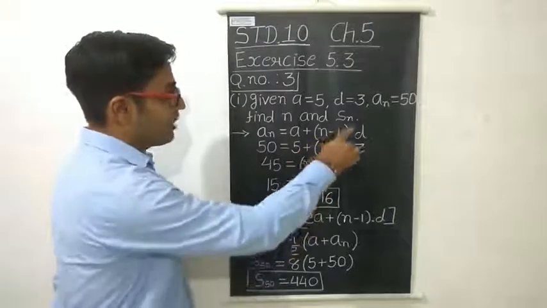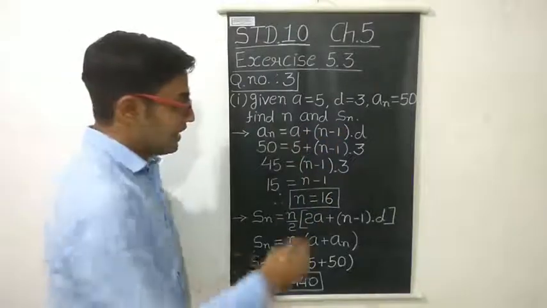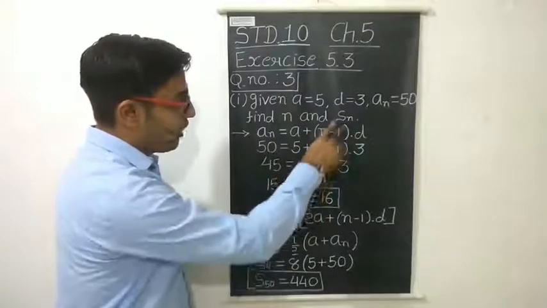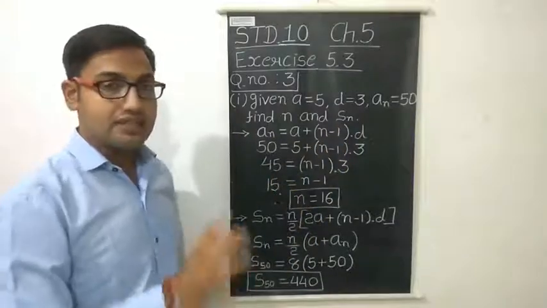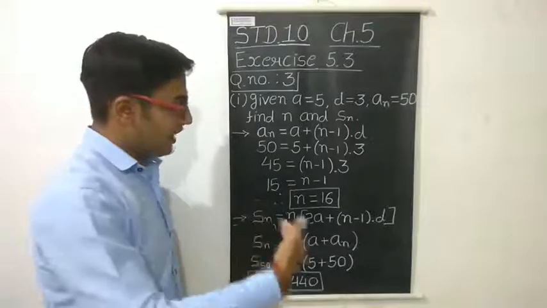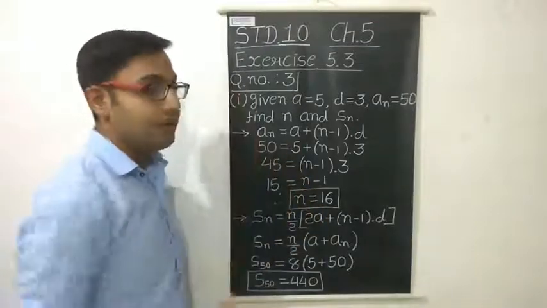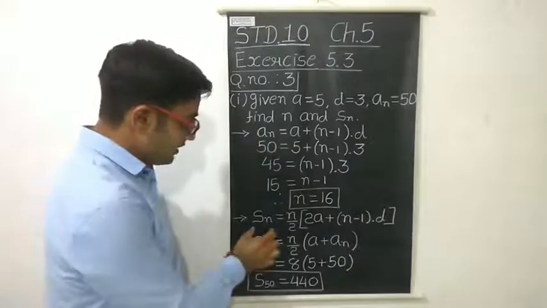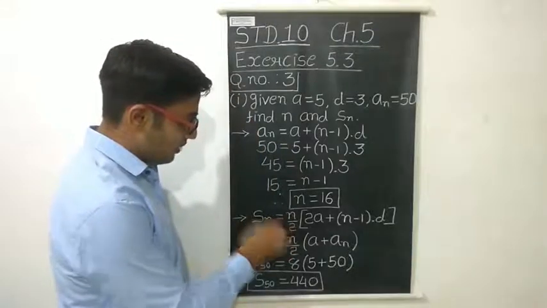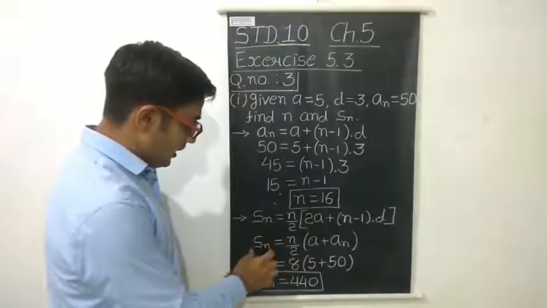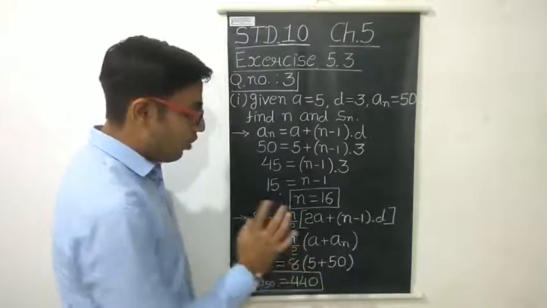Now we have to find Sn. Here n is 16, so we have to find S16, that means the addition of the first 16 terms of this AP. The formula of Sn is n by 2 (2a + (n - 1) d).